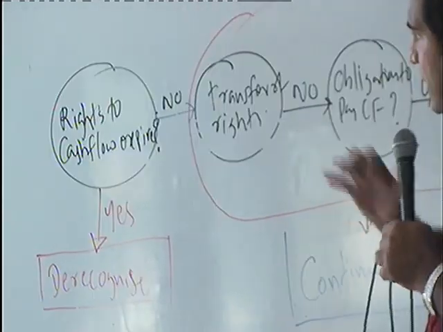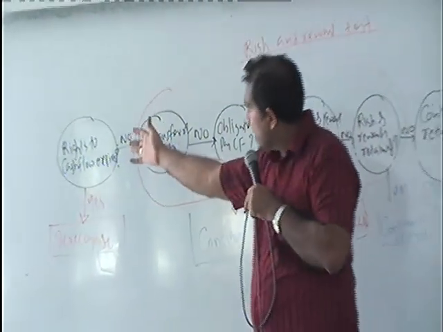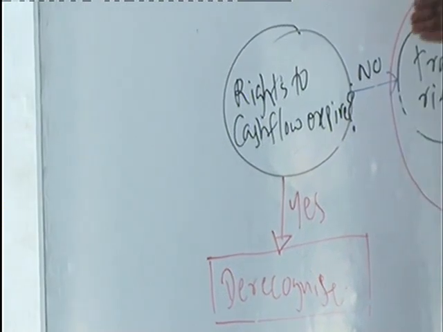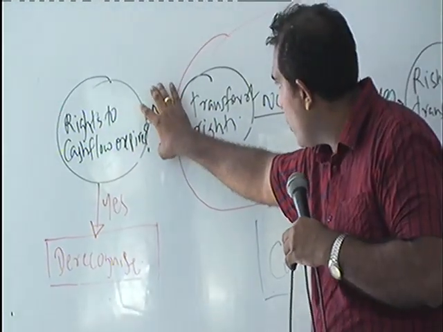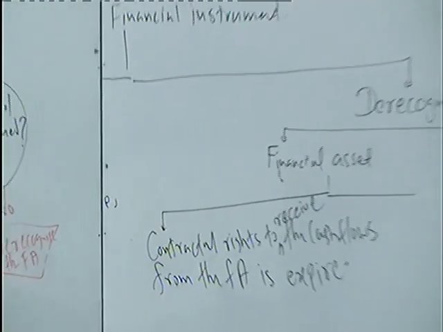This is important. There are 6 circles. First one, rights to receive cash flow expired. That is the question. If yes, derecognize at once, in one shot. If no, we need to ask the second question: transfer of rights.